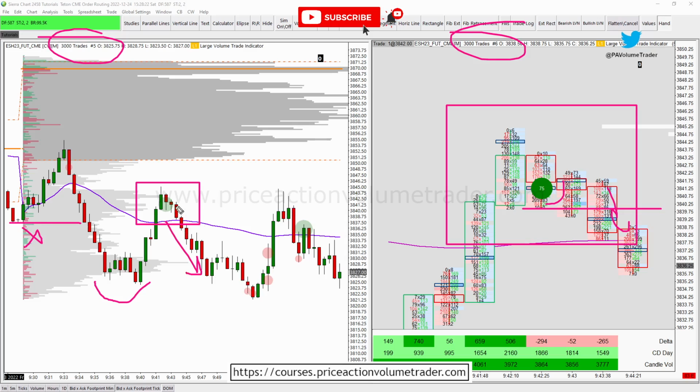And then we also pull back into this area again, and you can see we reject that area again.